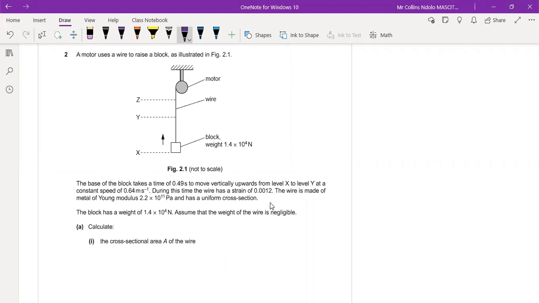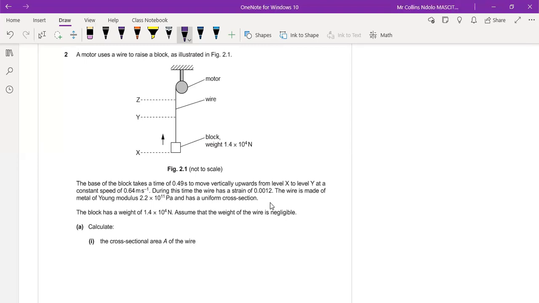During this time, the wire has a strain of 0.0012. The wire is made of metal of Young modulus 2.2 times 10 power 11 Pascal and has a uniform cross section. The block has a weight of 1.4 times 10 power 4 newtons.